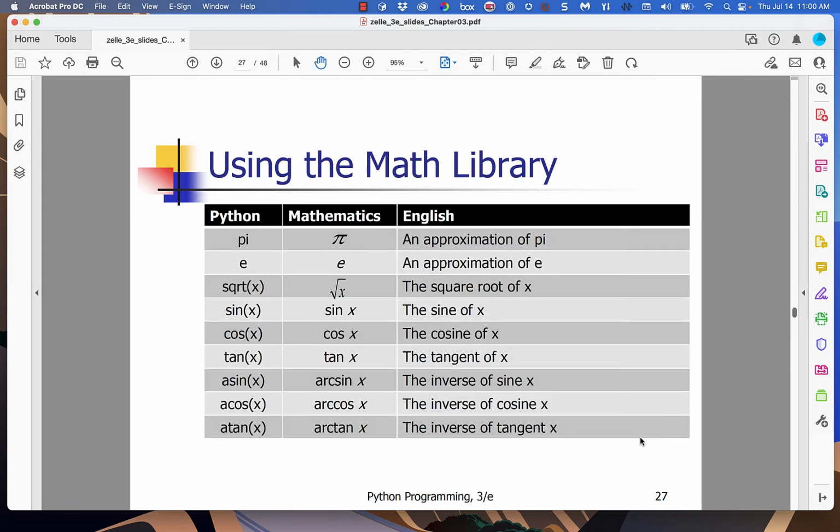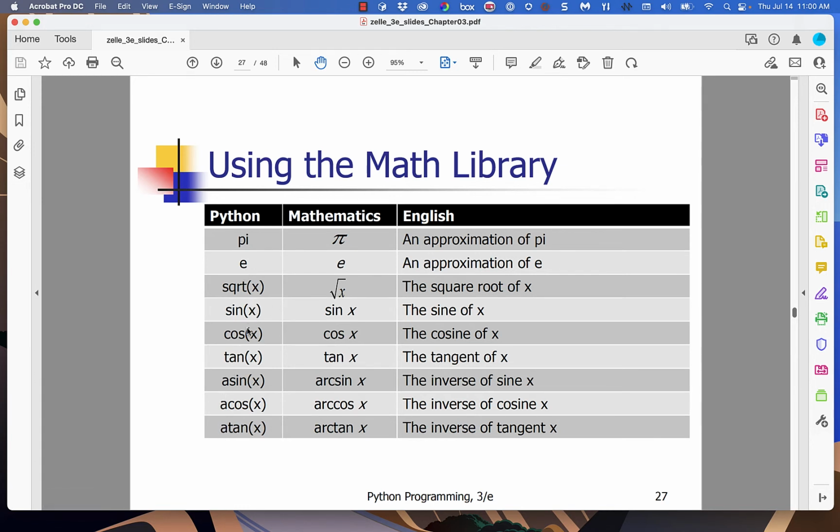Now, what functions are in the math library? Well, it's not only functions. We have some constants. We have pi. Okay, so it's an approximation of pi, so that's probably a float. We have e, which is also called Euler's number. And then we have a bunch of functions, and this is not exhaustive.